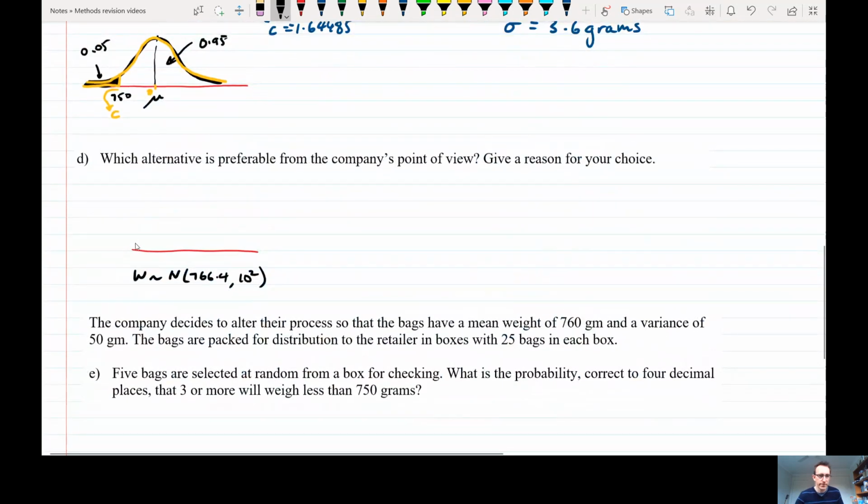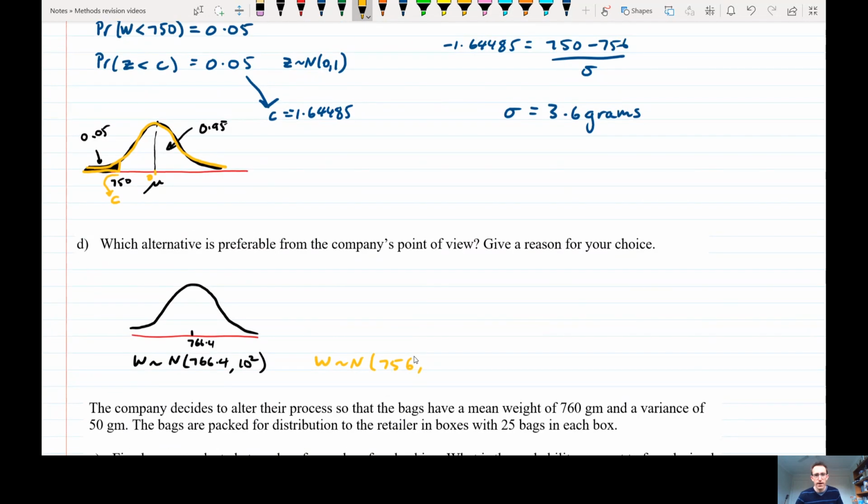So let's draw that. And that's going to be something like that there, where that is 766.4. And on the same graph, I'm going to now draw one with 756 being the mean and 3.6 being the standard deviation.